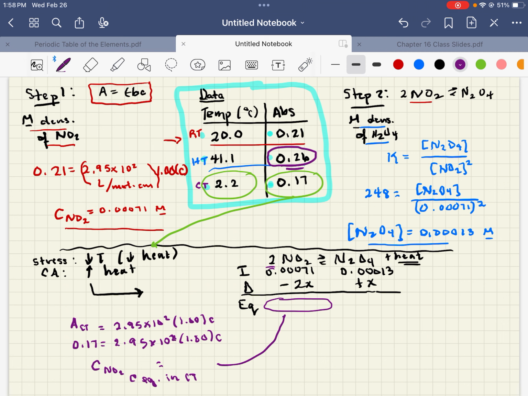And that value is going to be equal to the sum of 0.0071 minus 2x. And then you can move forward from there like previously, and then find your new K at this temperature, which should be larger in this case because it's shifting to make more products.